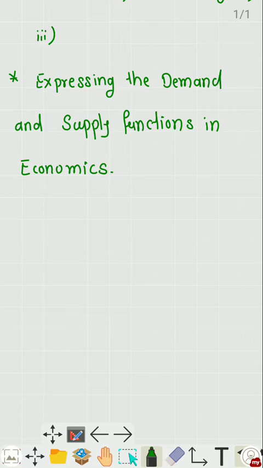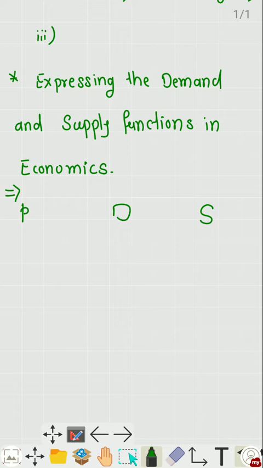We recall that P, the price, is an independent variable, whereas the demand as well as the supply functions are dependent variables.